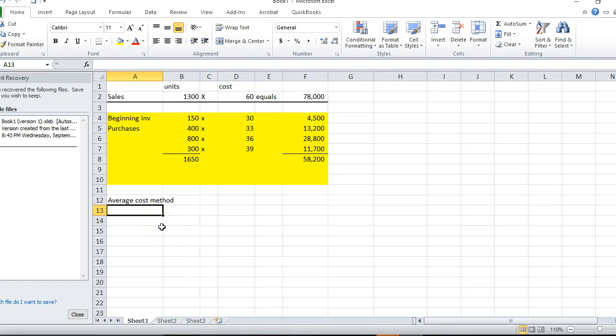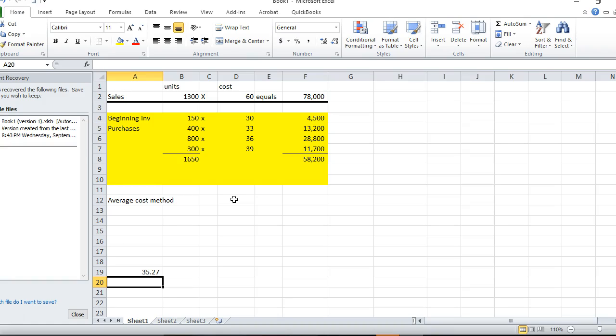So if we take $58,200 divided by 1,650 units, we come up with $35.27 an average cost per unit. Does that sound right?